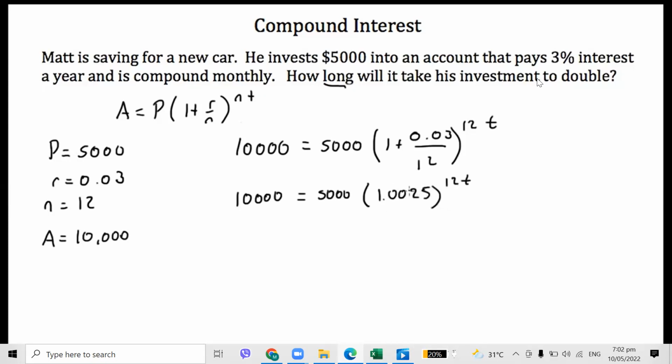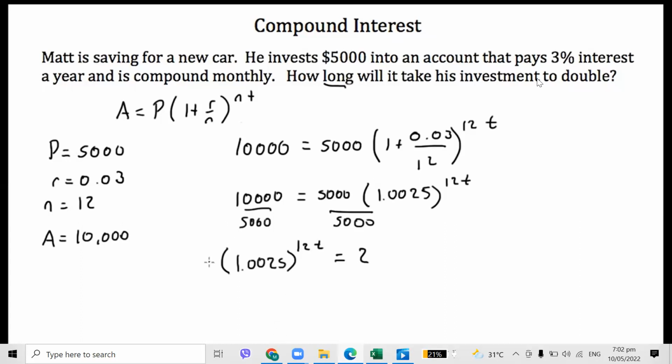Now that I've simplified this, I'm going to isolate it, so I'm going to divide both sides by 5,000. Then I'll end up with 1.0025 to the 12t power is equal to 10,000 divided by 5,000, that's 2.